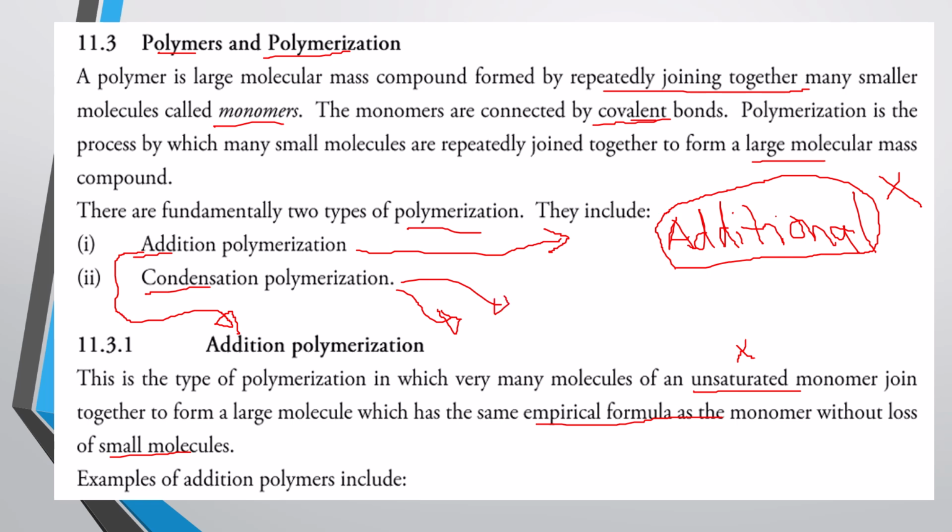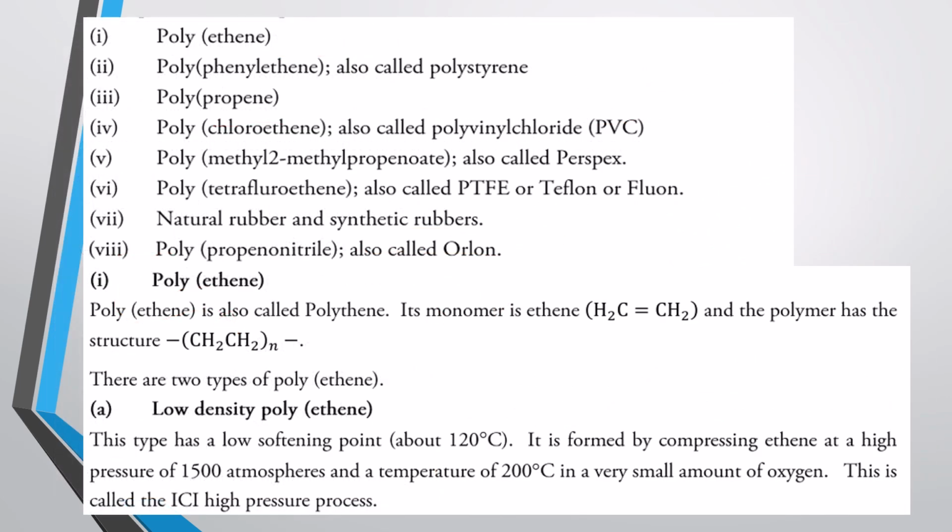So let's go ahead and look at the examples of addition polymers. With this, one is going to be polyethylene, polyphenylethene. I hope you are seeing how I'm writing these monomers or these polymers. The organic compound or the monomer must be in brackets, and then poly is to indicate that there are very many of them.